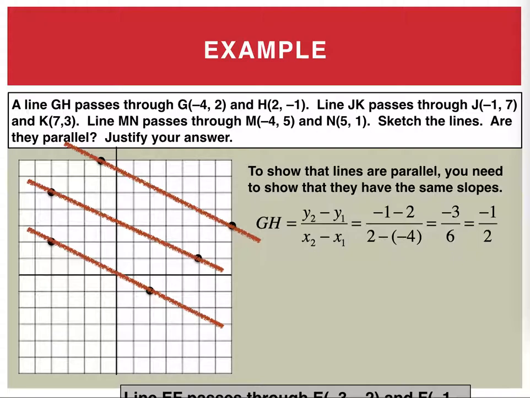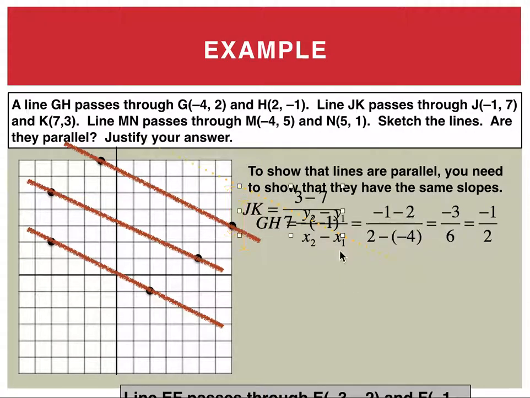So with JK, I do the exact same thing. I start off: this is y2, so I start with 3, and then 7. So it's always the second numbers first. Then the 7 from K, minus -1. So I have 3 minus 7 over 7 minus -1.